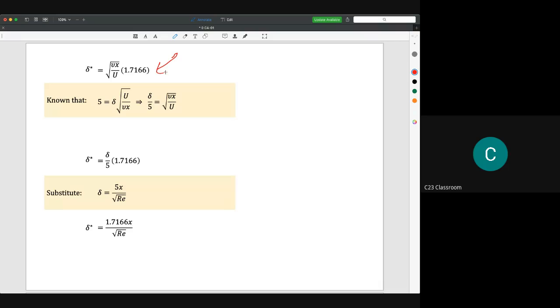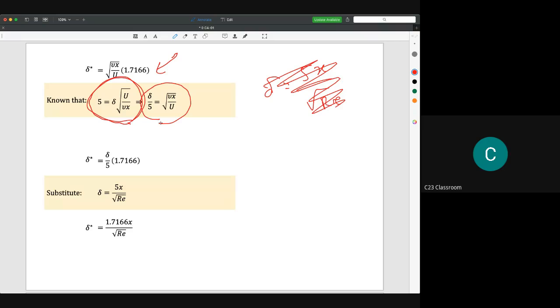Previously we knew that delta is 5x over square root of the Reynolds number. From this equation, which you saw in the first solution, we can change it into delta over 5 as square root of nu x over U. We substitute it here, and finally the delta star is equal to this term.